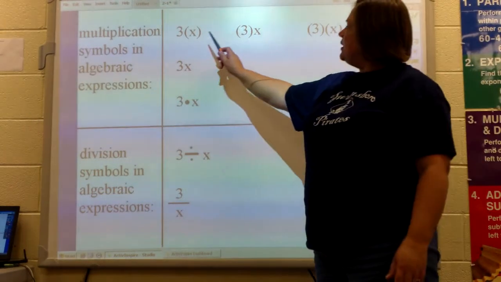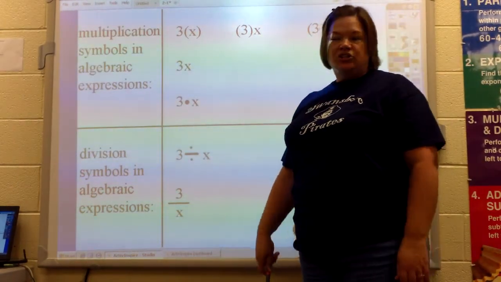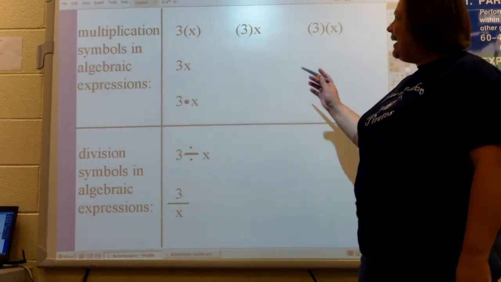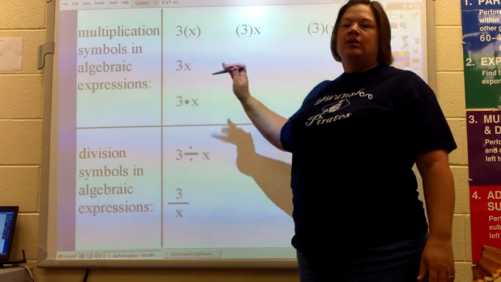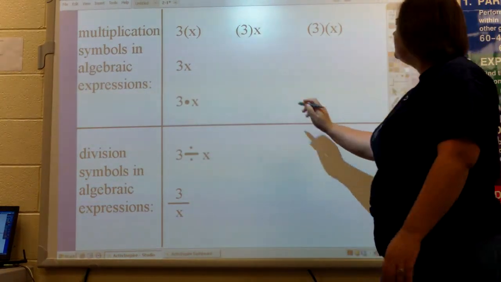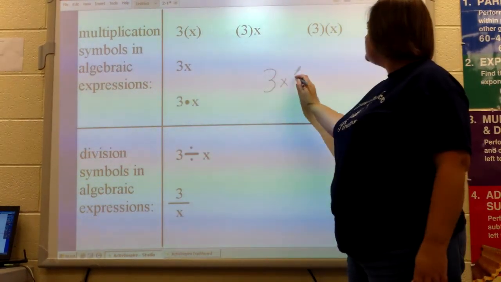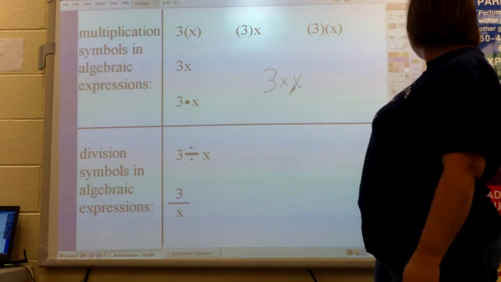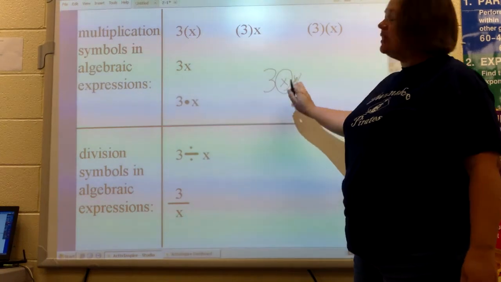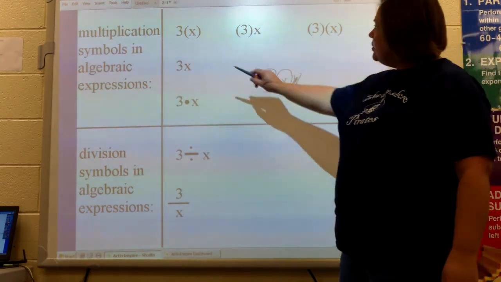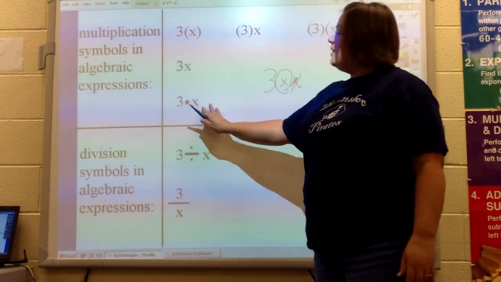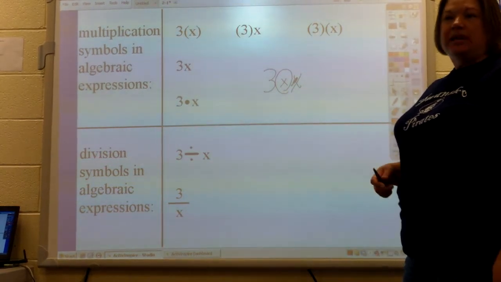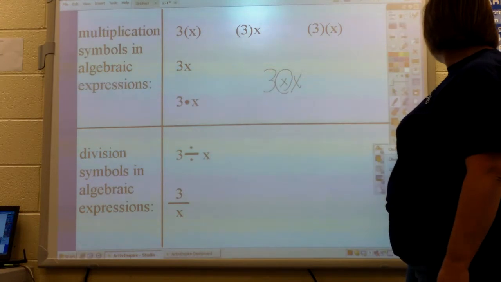Okay, here are some different ways that we will see multiplication. In algebraic expressions, we don't want to use the x for multiplication. We don't want to say 3 times x. That's a little confusing. So instead of using that multiplication symbol like we're used to seeing, you're now going to see these different ways that we can write multiplication when we're dealing with algebraic expressions.